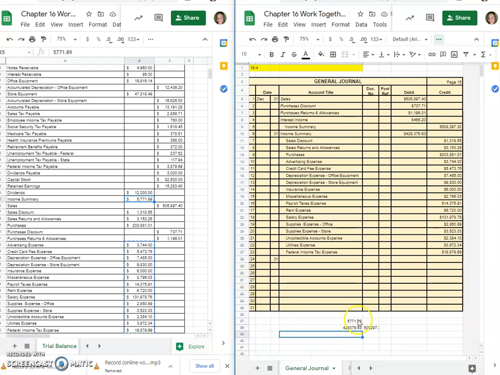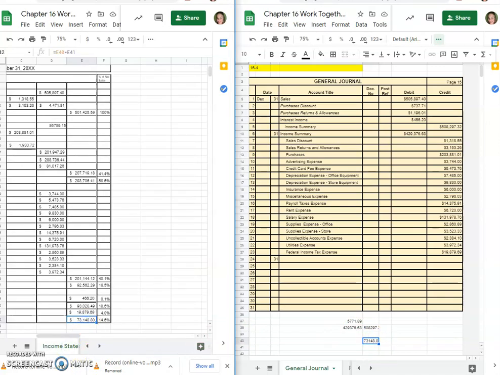So what we would do is find the difference. The 508 minus both of these debits gives us $73,148, which, if you remember, is our net income.